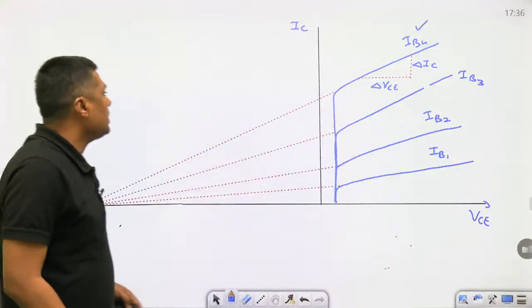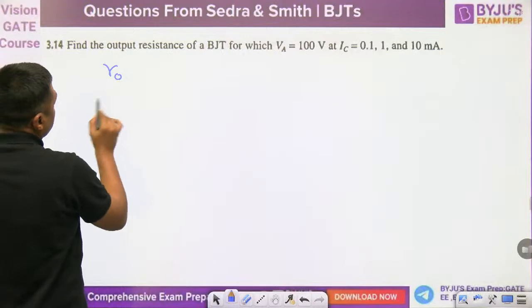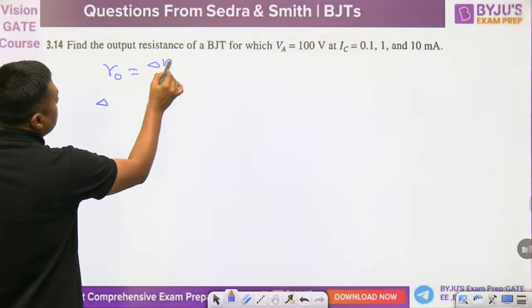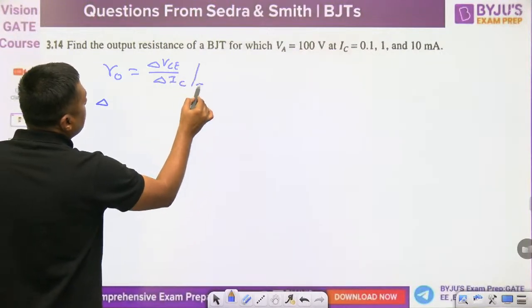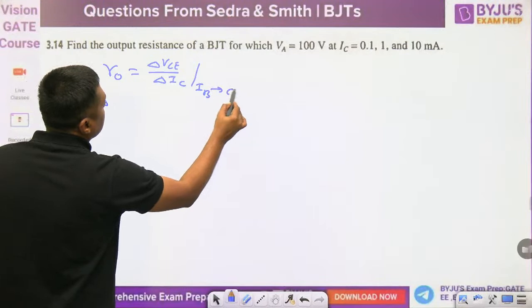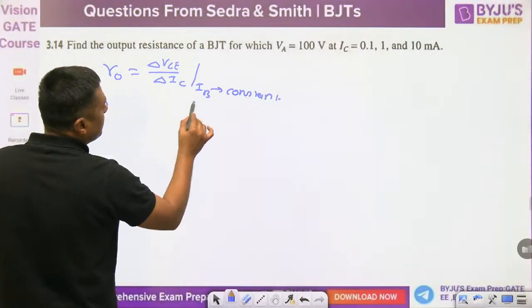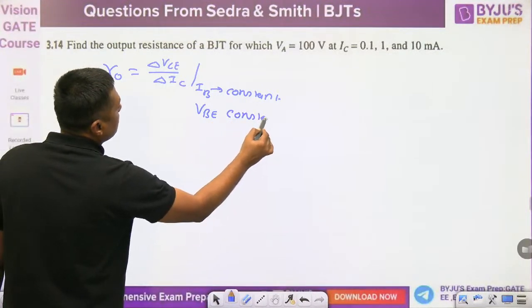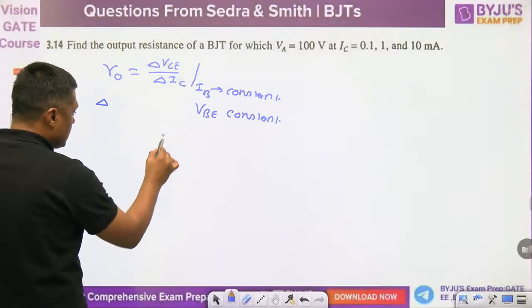So the output resistance, the reciprocal of the slope, is nothing but change in VC upon change in IC, when IB is kept constant. To make IB constant, we actually keep VBE constant, so that IB will remain constant.